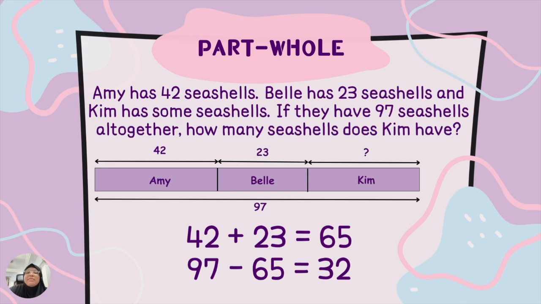Since all of them had 97 seashells in total, 97 will be here. Based on this diagram, the children would be able to tell that to find Kim, I can take the total and subtract Amy as well as Belle. Or I can add Amy and Belle together, then take the total amount and subtract whatever Amy and Belle have.